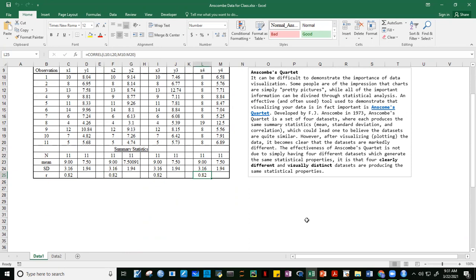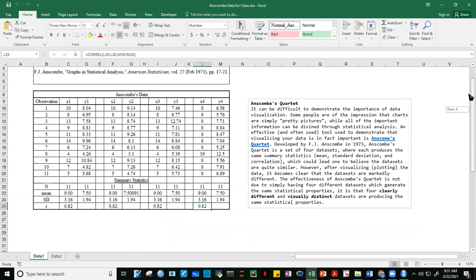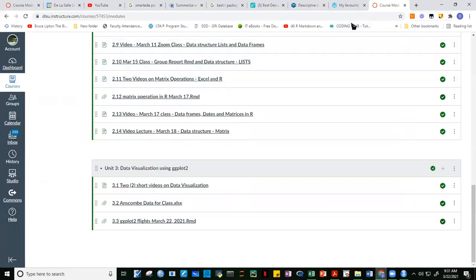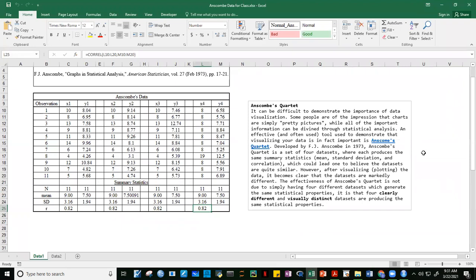Okay. Now, what do you notice about the mean, the standard deviation, and the correlation of this group of pairs of data, 4 pairs of data? You can just sound off, or you can chat, guys.